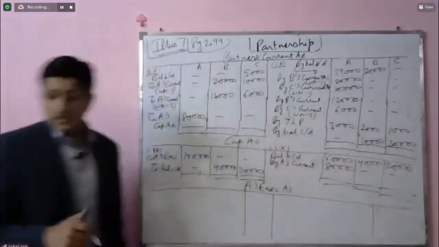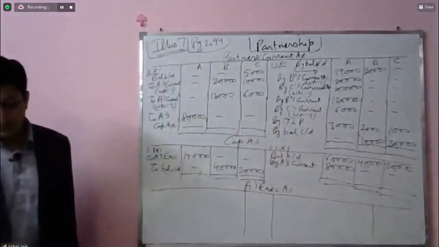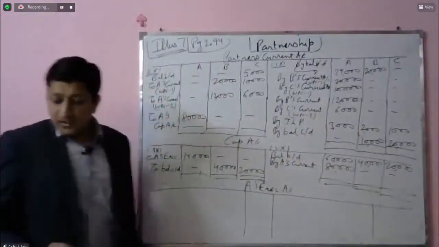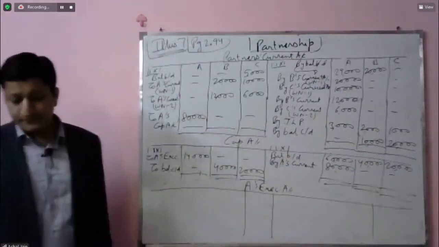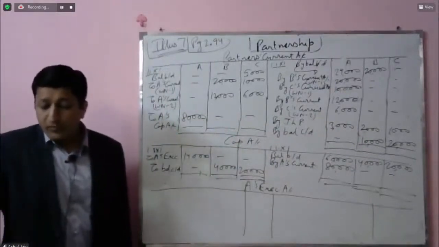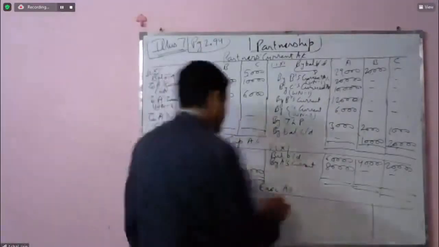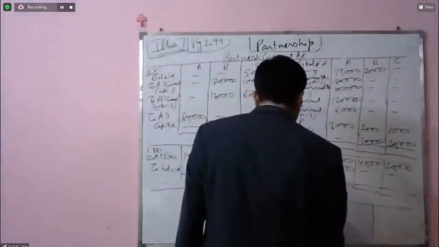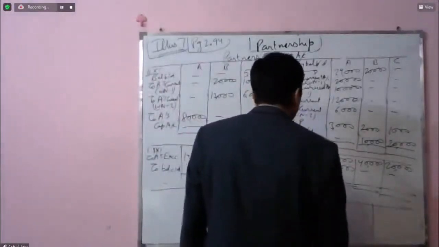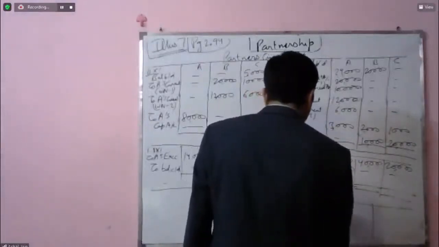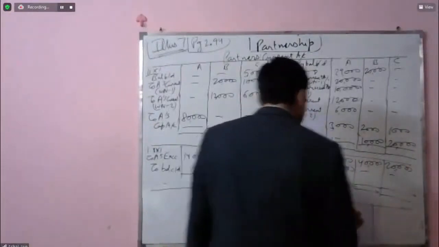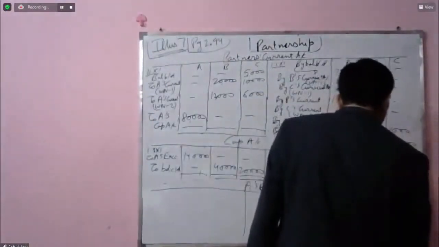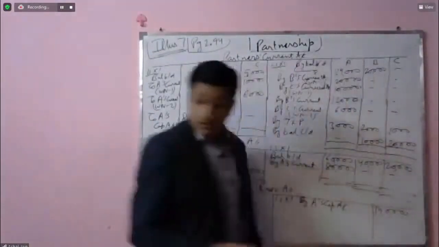Now A's executors account will get credited on 1st of January X1, by A's capital account 1,40,000.